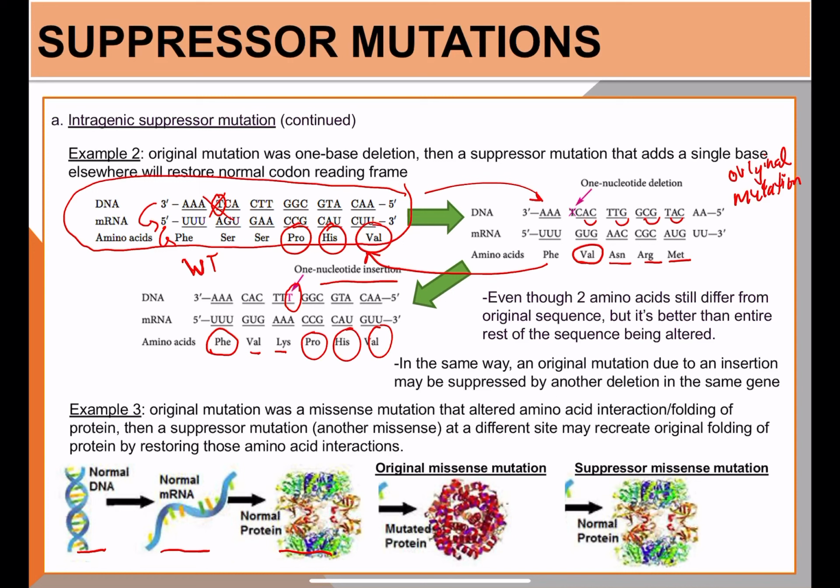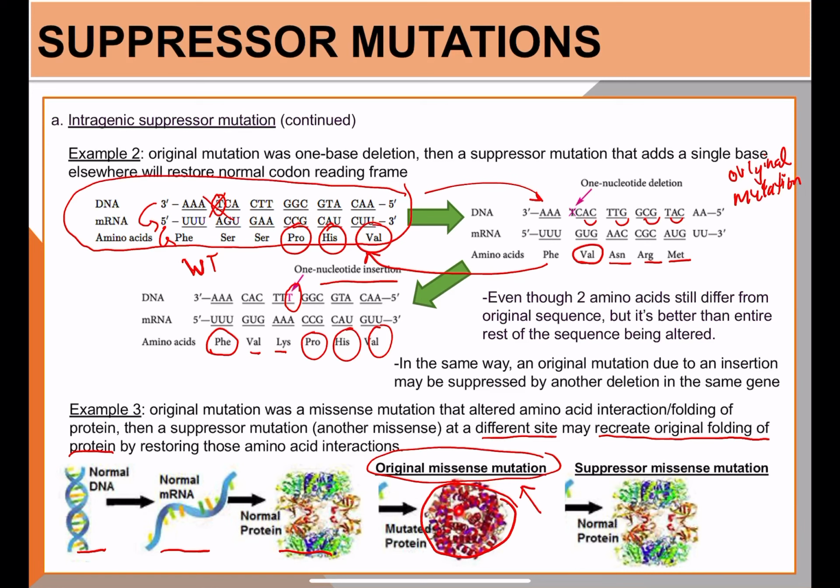Now, your original missense mutation somehow affects the protein structure quite a bit, so now your protein structure looks completely different. Now, with a suppressor missense mutation at a different site, okay, this may actually recreate the original folding of the protein by restoring those amino acid sequence, okay?